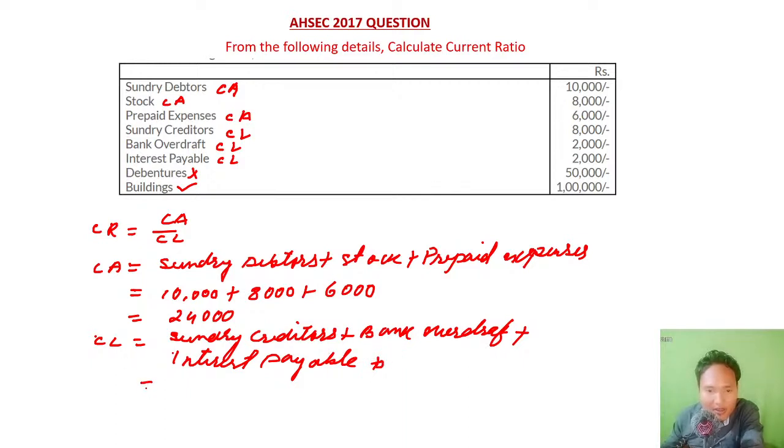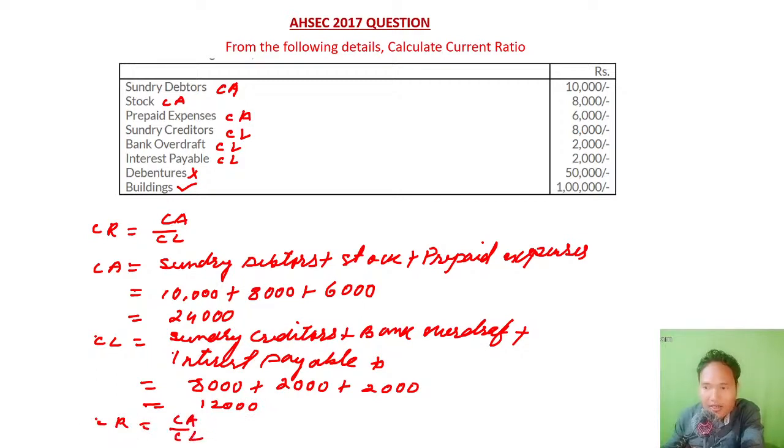The amounts are: sundry creditors is 8,000, we have bank overdraft 2,000, plus we have interest payable 2,000, and the total amount is 12,000. As we know, current ratio is equal to current assets by current liabilities.